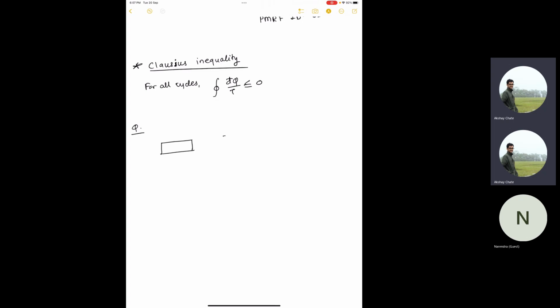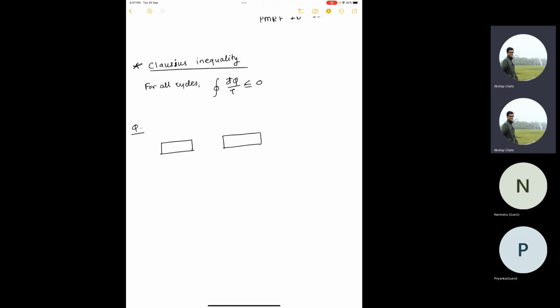There is a system in which there are three temperature reservoirs at T1, T2, T3, and one heat engine is operating by exchanging heat with these three reservoirs, and it is giving you maybe some temperature sink TL, and this is a reversible heat engine.